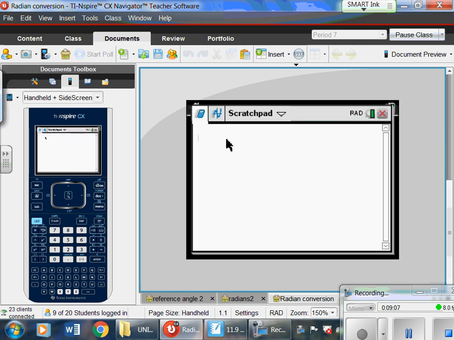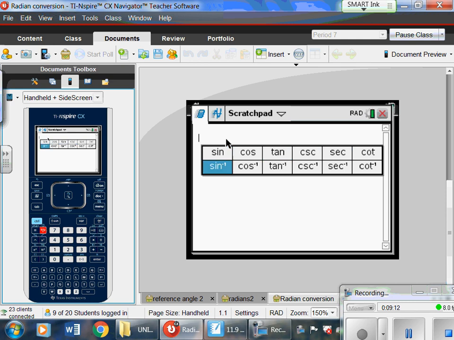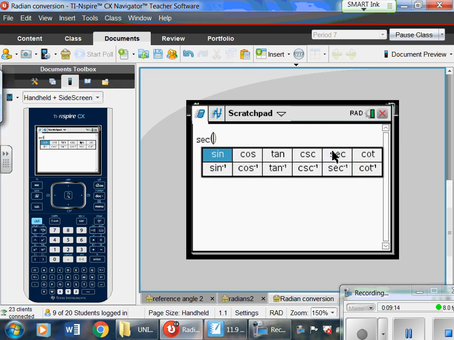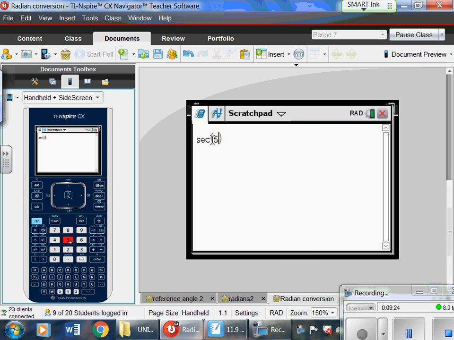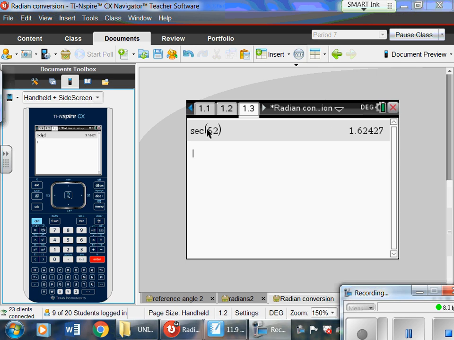So now I'm going to do secant, trig, there it goes again, secant 52 degrees. And I still get the wrong answer. I just changed it to degrees. All right, hold on one second. Okay, so that time it worked. I got 1.62427, which is the answer to number 2.